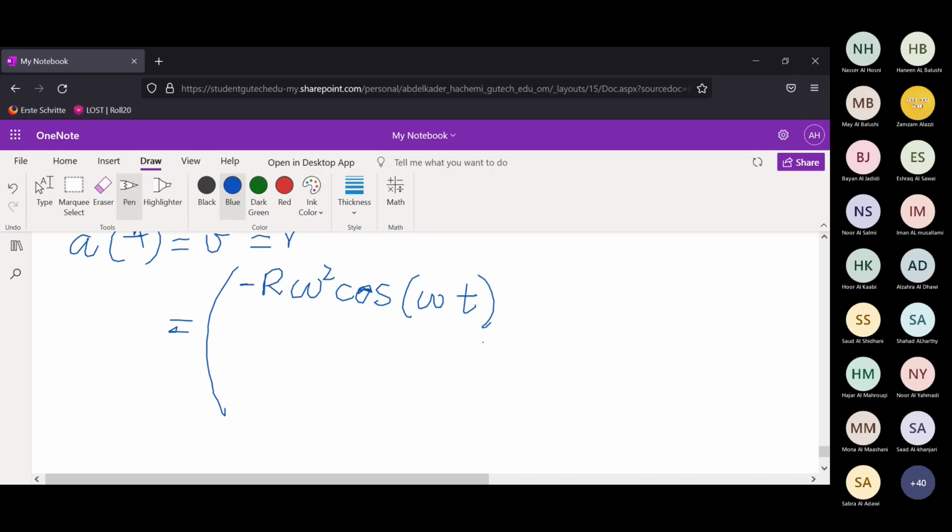The same for the second component, minus r omega squared sine omega t.